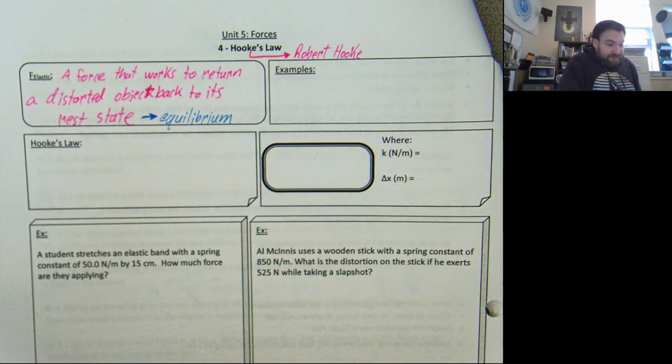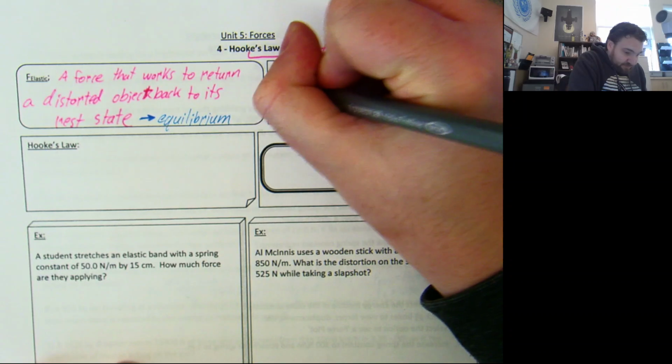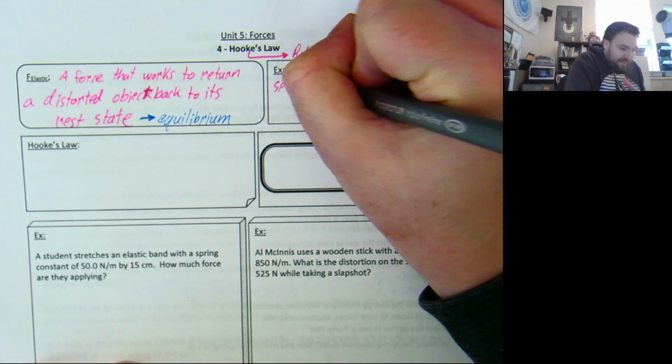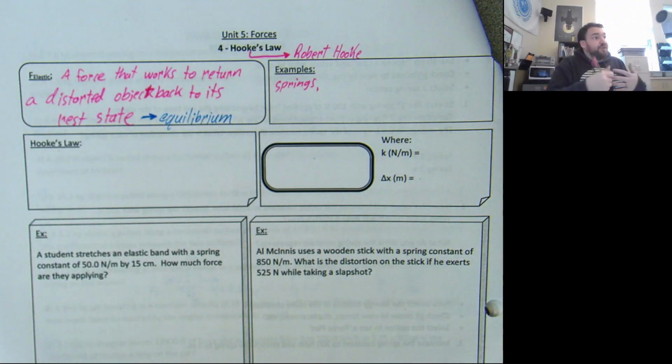So I've got a whole list of examples here. Springs. And there's different kinds of springs. Some springs are really, really strong. They really want to come back together. Other springs, less strong. Slinkies are a great example of a really, really weak spring. They are springy enough that they will noticeably come back together if you just let it sit on the desk.